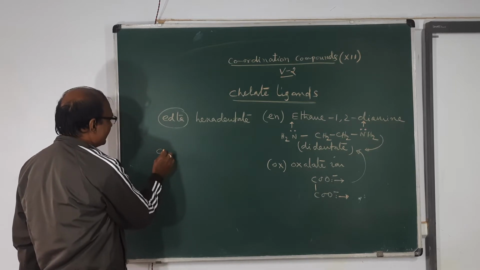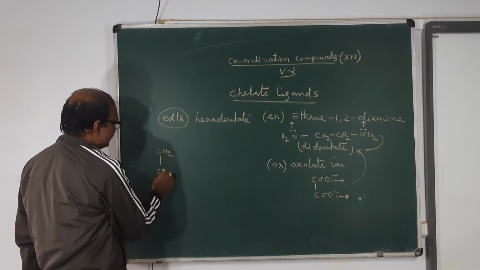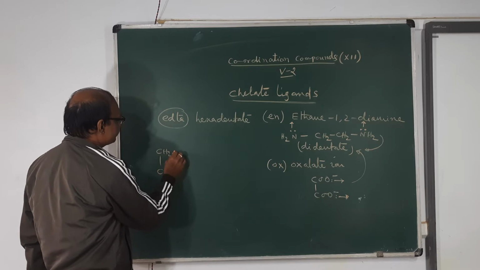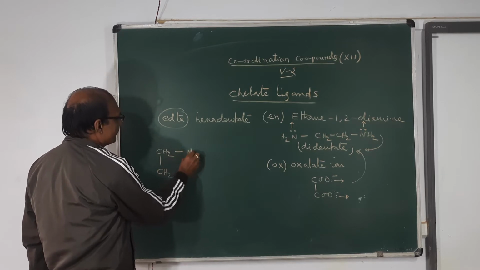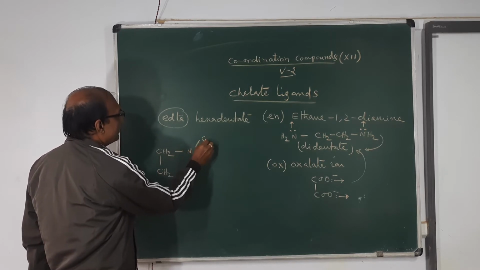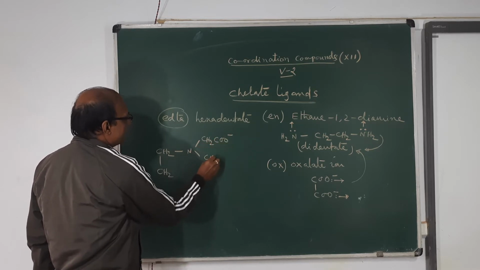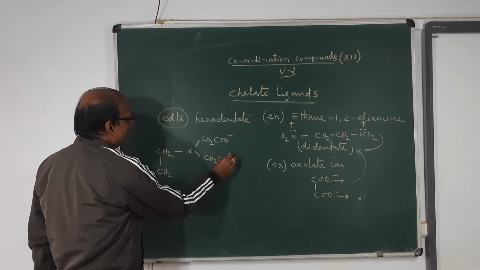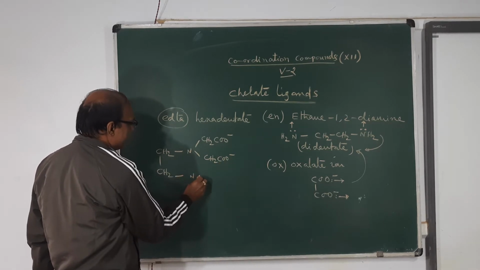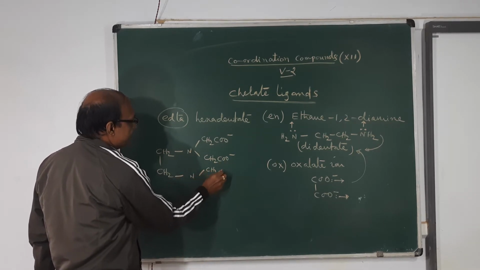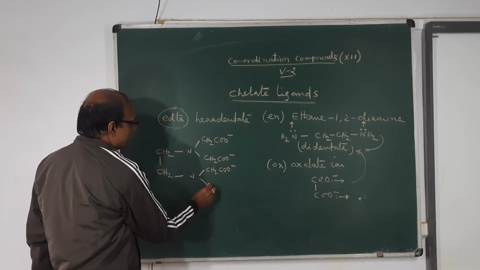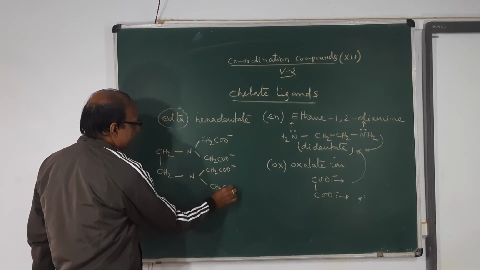I am writing the formula of EDTA: CH2 CH2, and CH2 COO minus, CH2 COO minus, CH2 COO minus, CH2 COO minus.